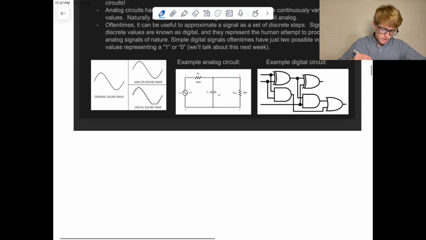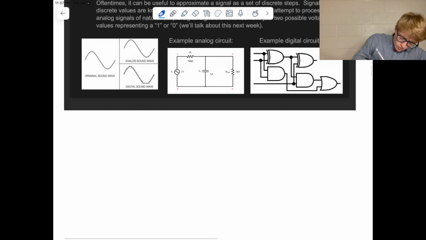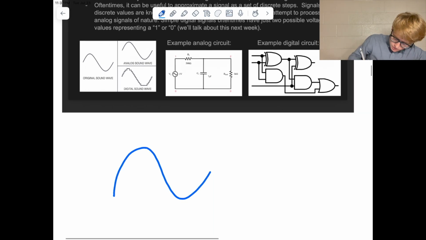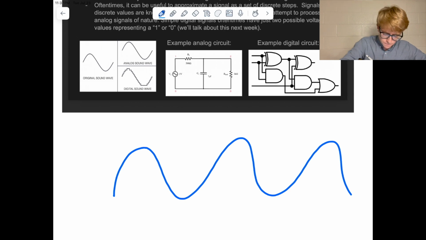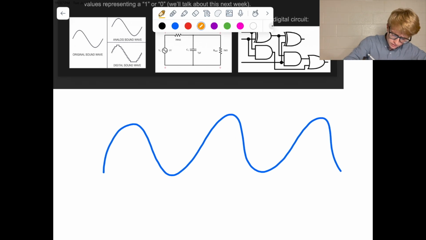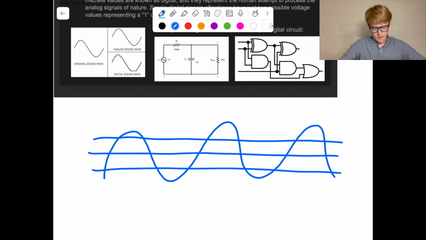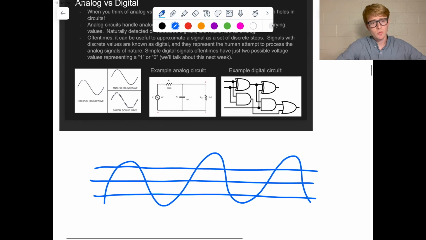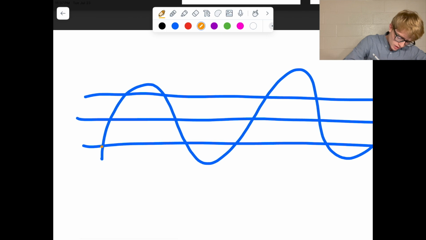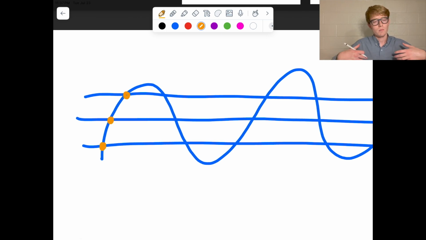As an example of that, you can see it on the slide here, but I'll just draw it out. Let's say I have some kind of sinusoid like this. And then let's identify a few levels here. We'll do 3 levels, to keep this simple. A lot of times if we're doing digital signal processing, to make our lives easier, we want to represent some analog signal, and most signals in nature, like sound waves, are analog signals.